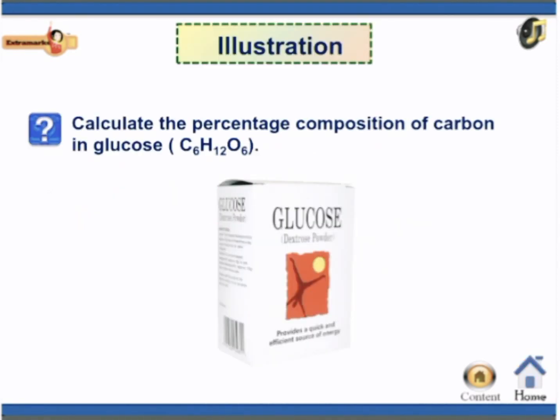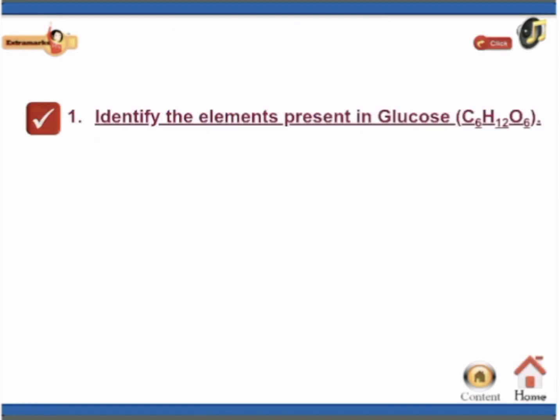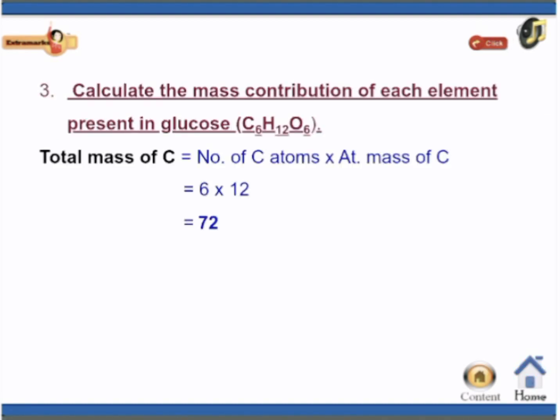Let us try one question. Calculate the percentage composition of carbon in glucose. The question can be solved by following the given series of steps. Step 1. Identify the elements present in glucose. Step 3.